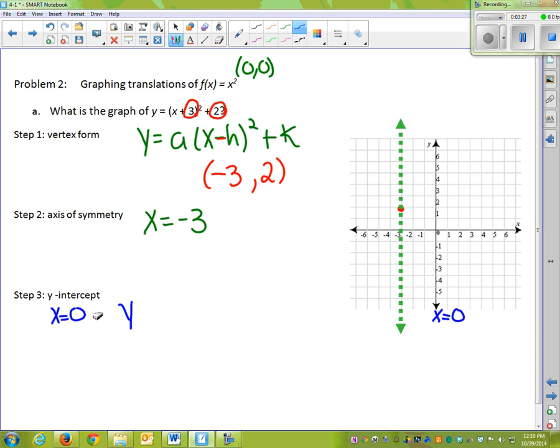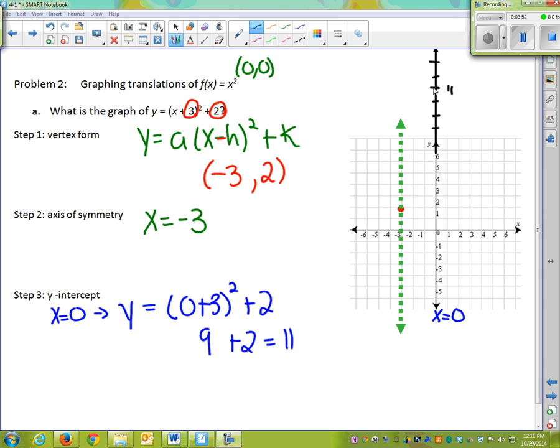So I can take x equals 0 and plug it into the original equation to find out what y would be. So when x equals 0, y equals (0 plus 3) squared plus 2. 3 squared is 9, plus 2 gives me 11. So my y-intercept is at 11. I had to extend my graph, and that's the point on my y-intercept where y equals 11.